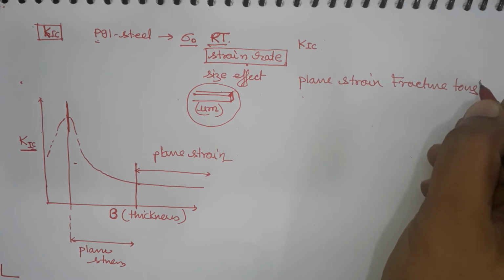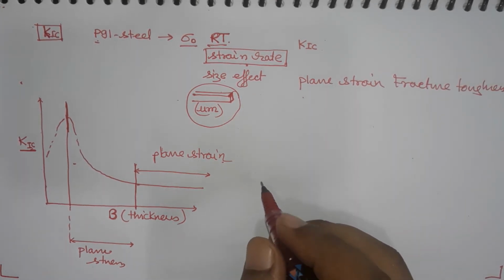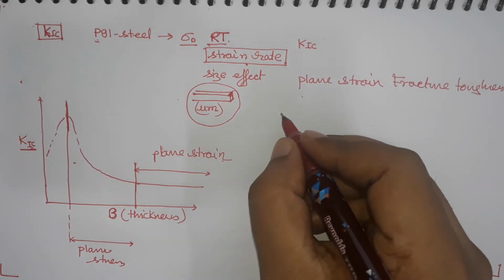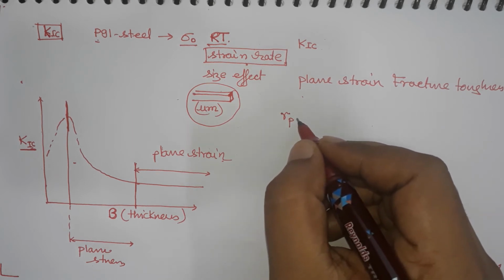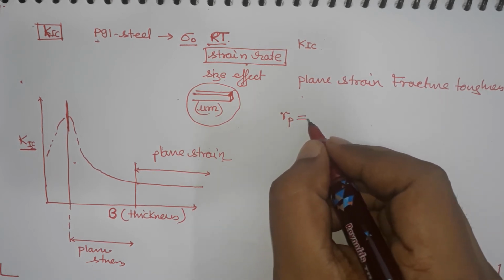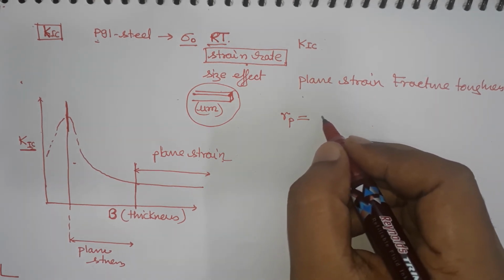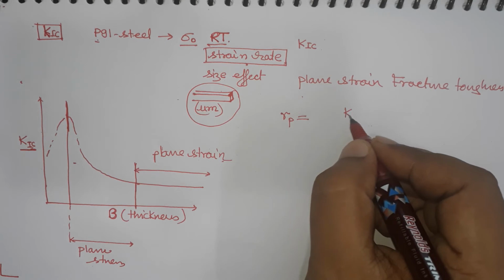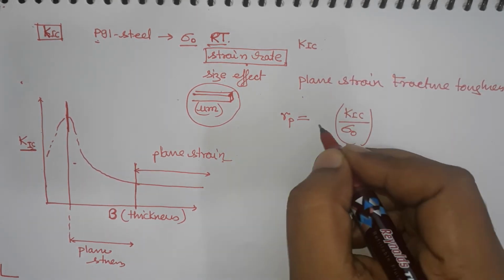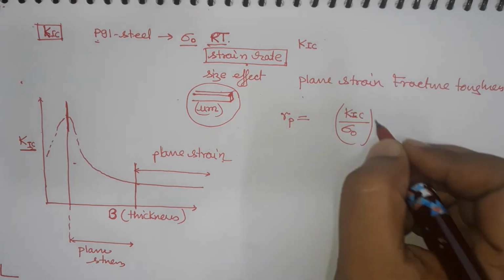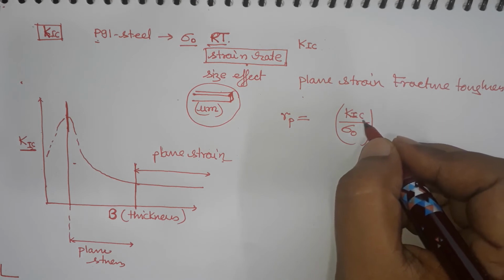Okay. So, if you remember, we calculated the plastic zone radius in Irwin's approximation, and this also was proposed by Irwin. It is some constant value into K1C. So, it was K by sigma naught whole square, but you can calculate it with K1C, because if you are trying to measure K1C, you will be reaching that critical value for sure.